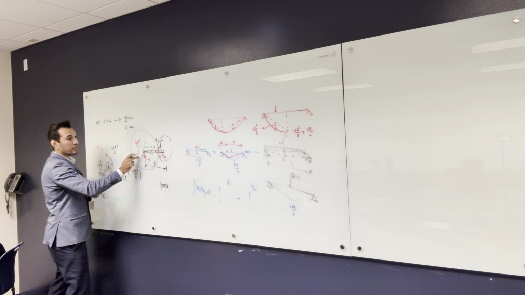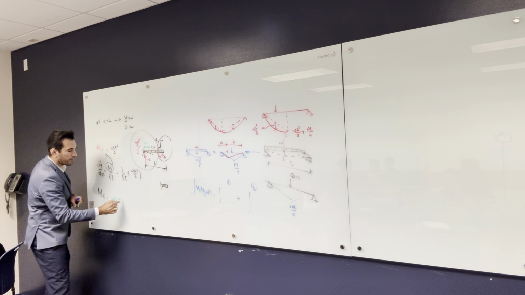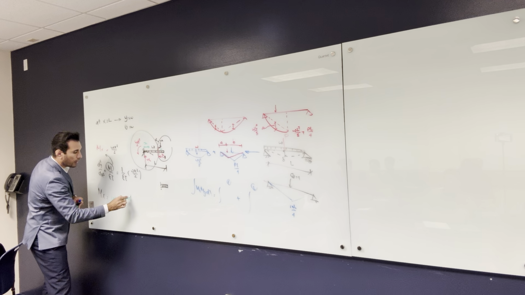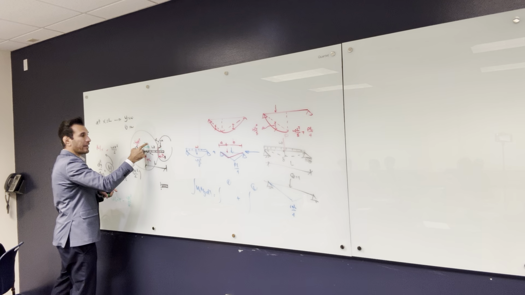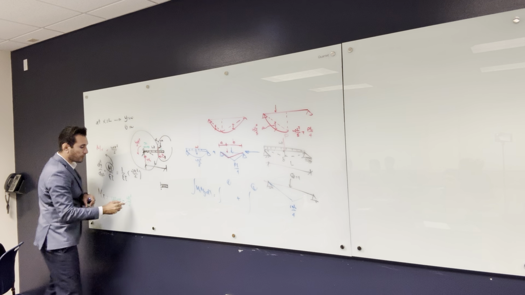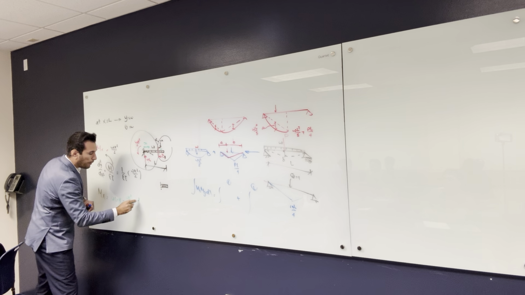And then I'm gonna have this moment is negative. That's positive, that's negative. So this is gonna be WL squared over 2. And then I'm gonna have this distributed load, which is W multiplied by x over 2, and it's negative, so you're gonna have WX squared over 2. That is your moment equation.